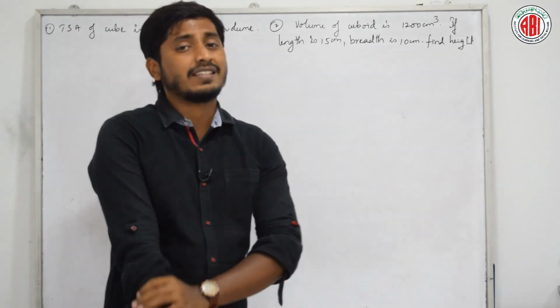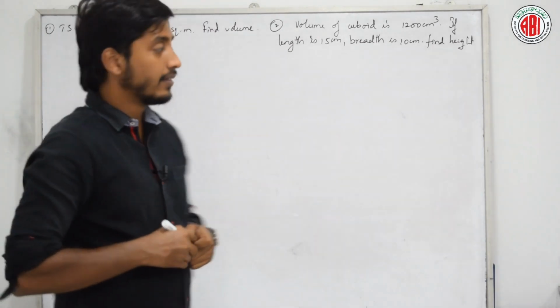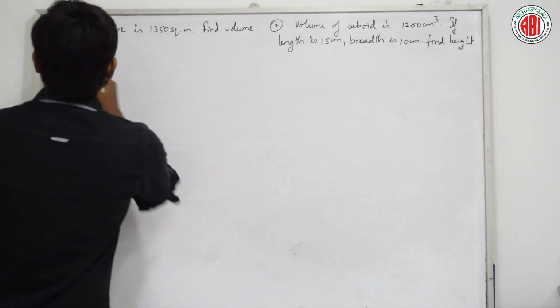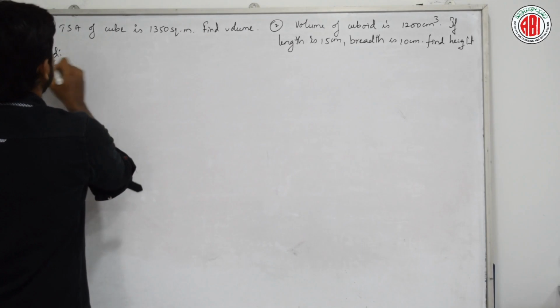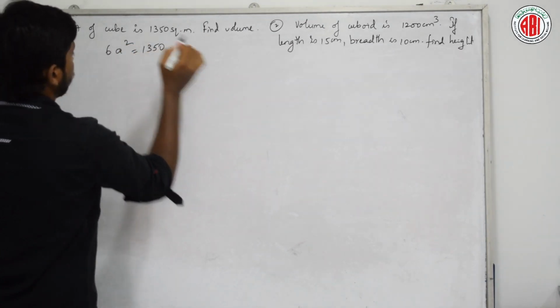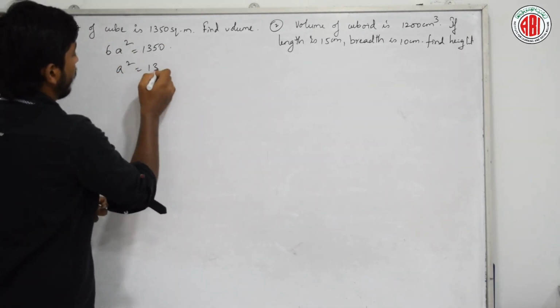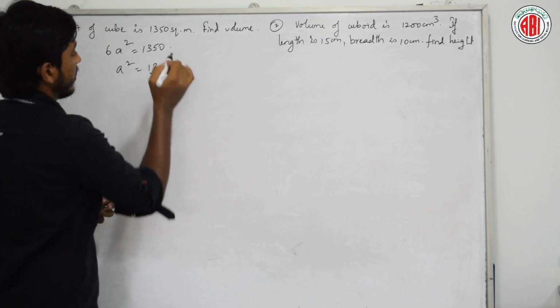What is the formula for TSA of a cube? How many faces does it have? 6. That is, the TSA of a cube is 6a square. Therefore, a square is equal to 1350 by 6.